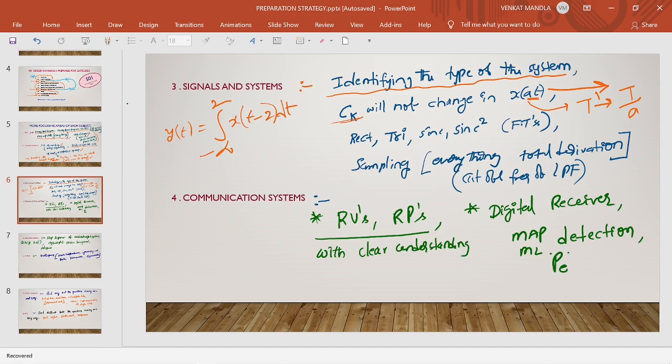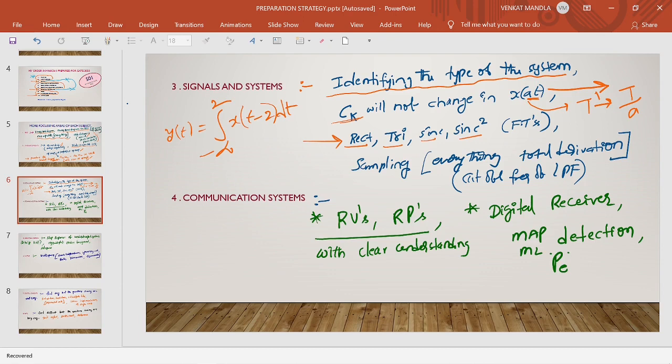And the Fourier transform: rectangular, triangular, sinc, and sinc square. You have to be perfect with these four signals. They will be coming up everywhere, like in communication signals, digital signal processing.